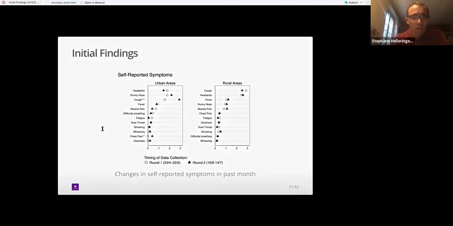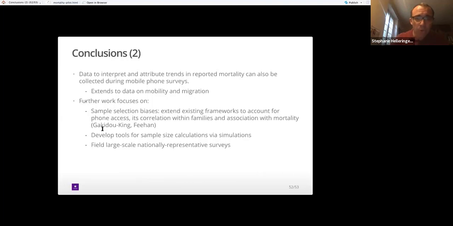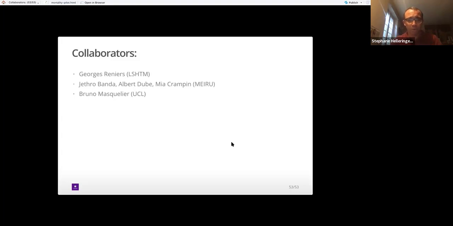So in conclusion, very briefly, I'll be very upbeat and positive about the potential of these mobile phone surveys. I'll just point out that we're doing additional work on sample selection biases and tools for sample size calculations. Hopefully, we are intending to field large-scale nationally representative surveys in a few countries in the coming months. And also highlight various collaborators to this work in London, in Malawi, and in Belgium.